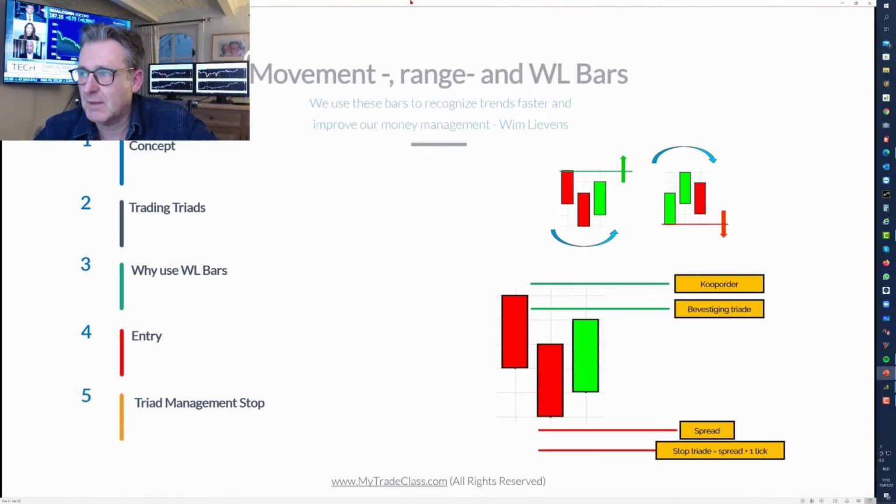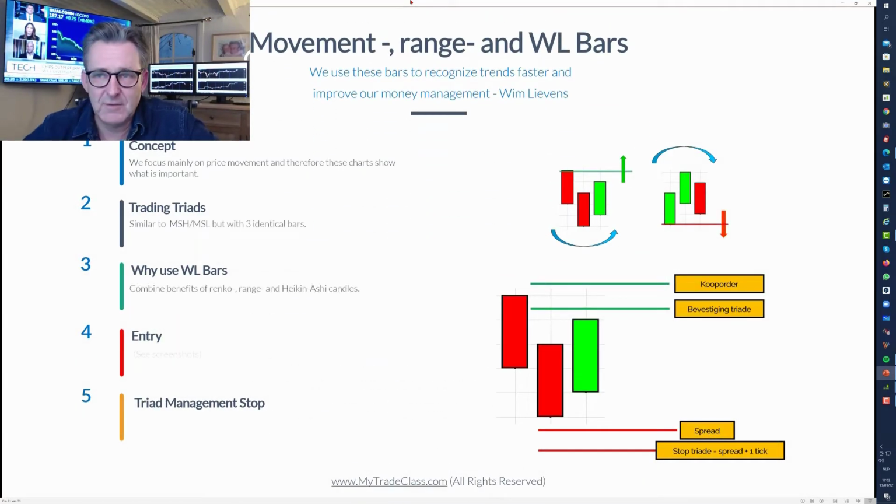But here you see these triads, which are also known, and basically it's a combination of 3, in this example, WL bars, but you can use range bars for this. You could even use Renko. I think Renko is not very precise. I personally prefer range or my own bars, WL bars, but fair enough, the principle is the same.